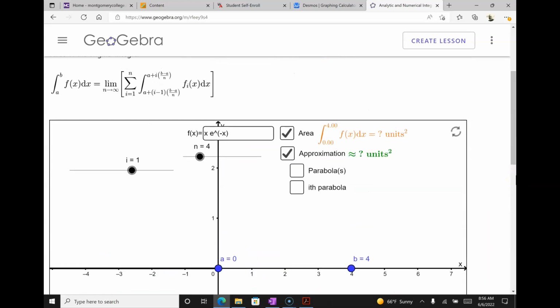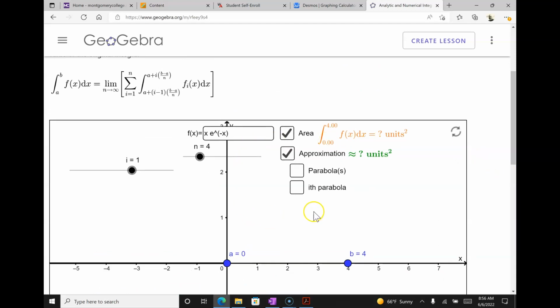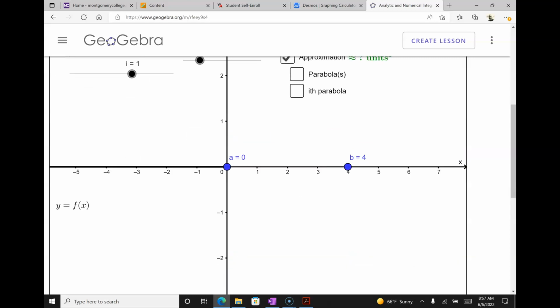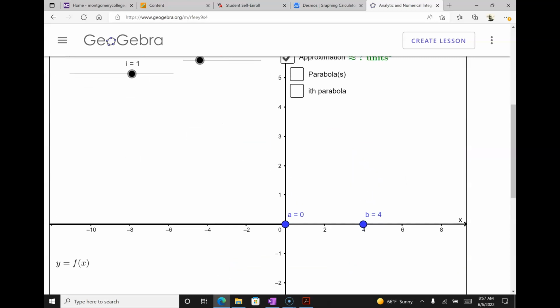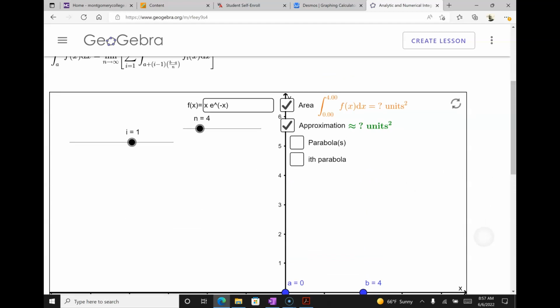Why is it not running for me? It doesn't like my function, or I don't know. Does not like my function.